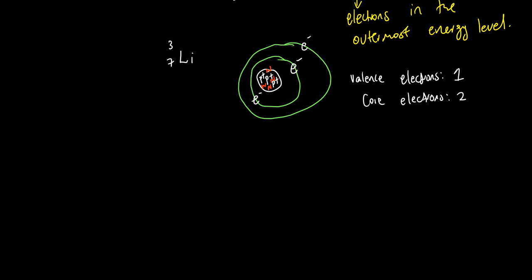Using your periodic table, you can actually tell how many valence electrons you have in an element. I'm quickly going to show you that, so that you know how to use your periodic table. It's a very useful tool that you have to use in order to excel in chemistry.